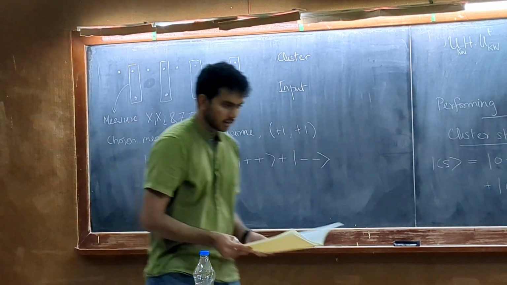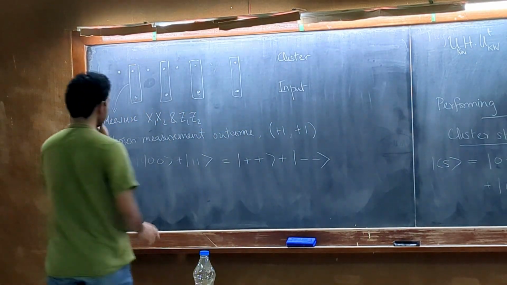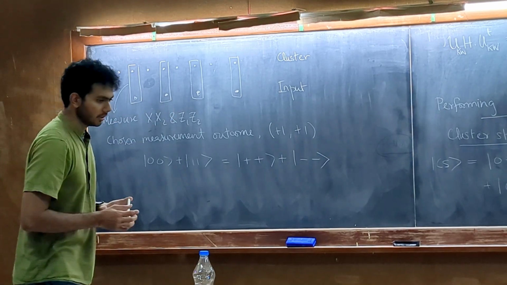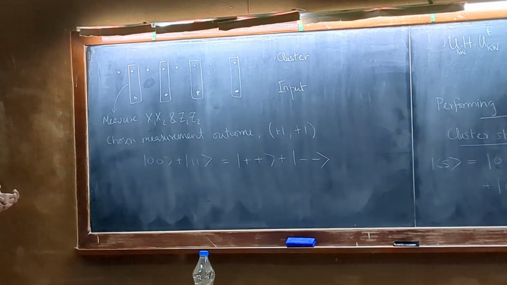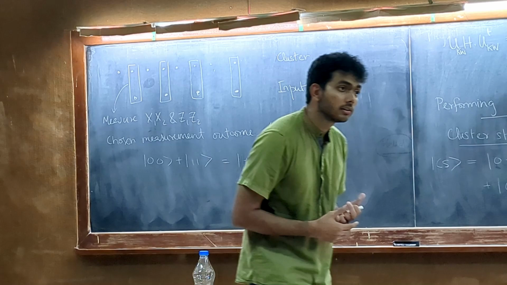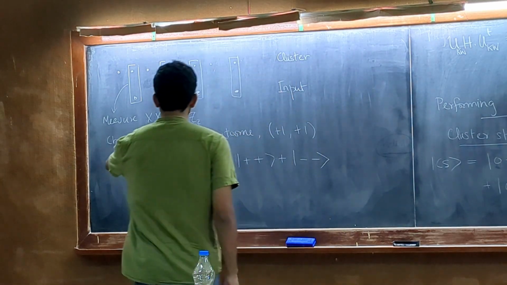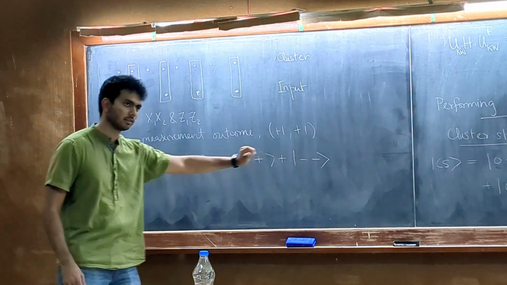So let's assume that we get this measurement outcome for all the measurements, and see what happens for a particular input. Could you repeat what you wrote on the last slide? Chosen measurement outcome, +1 +1.